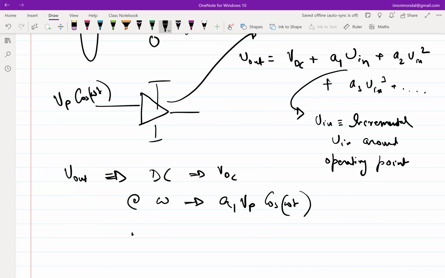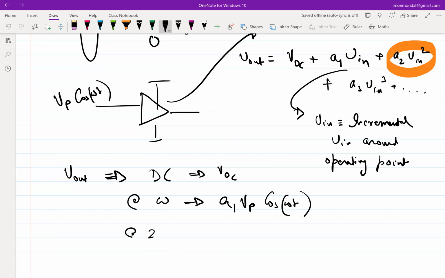Then what will be the effect of A2 V in squared?